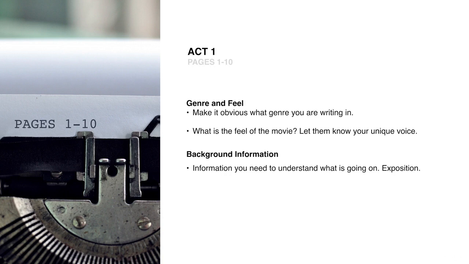They don't know anything about your script or the story world that you're creating here. So if there's something important that they need to know to understand what's going on, you need to put that in. Now this is called exposition, and we'll discuss a bit later on how to write this successfully. But for now, just think what you would need to include.